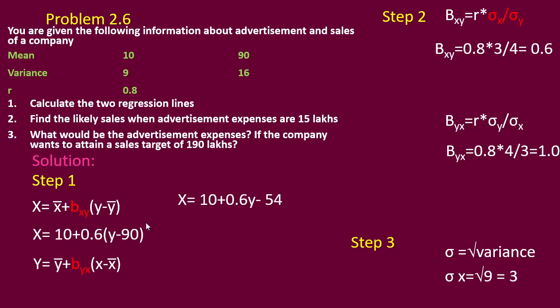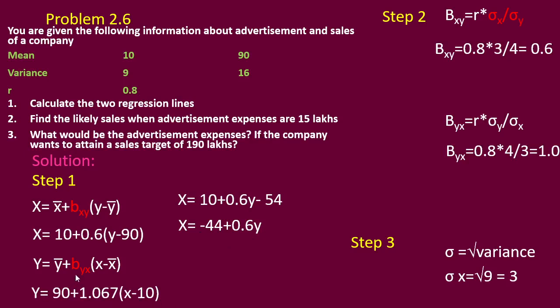Simplify this one. 10 plus 0.6 into y is 0.6y. 0.6 into 90 is 54. Simplify again. So we have 10 and minus 54 here. So the simplified answer is minus 44 plus 0.6y. We cannot simplify further. So we will consider this equation as regression equation 1.